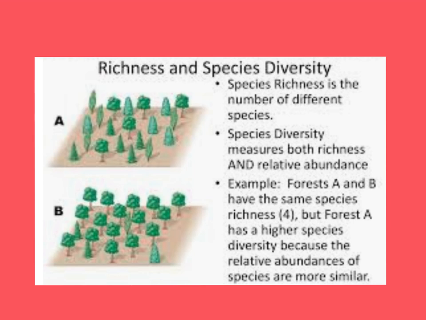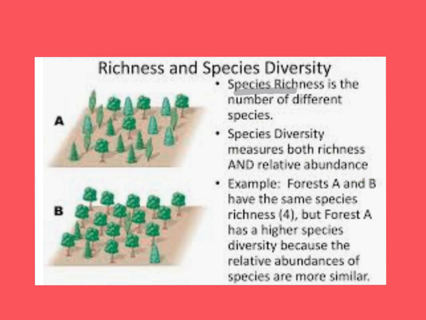Species richness and diversity: there is a difference between the two terms. Species richness is the number of different species in an area, while species diversity measures both richness and relative abundance.